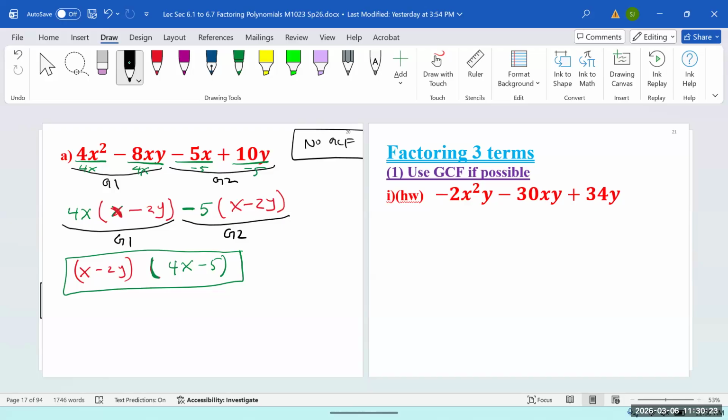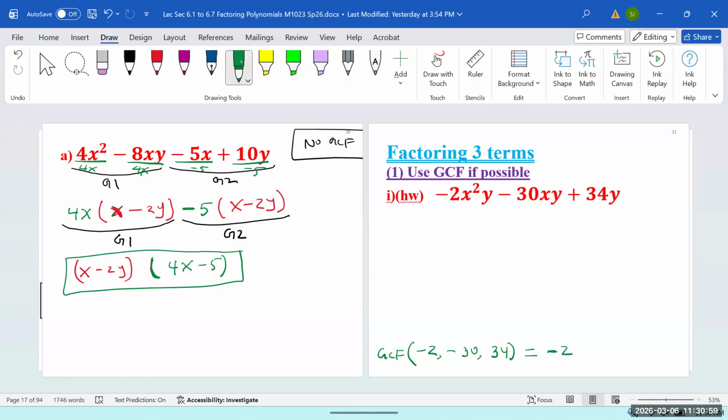So we have negative 2x squared y minus 30xy plus 34y. If you look at all these numbers, we have negative 2, negative 30, and positive 34. Is there any number by which you can divide all 3 numbers? So what is our GCF for the number? Negative 2.